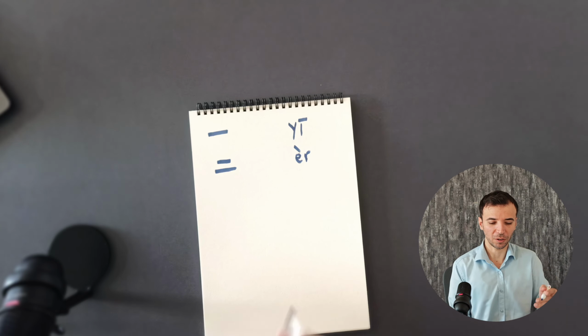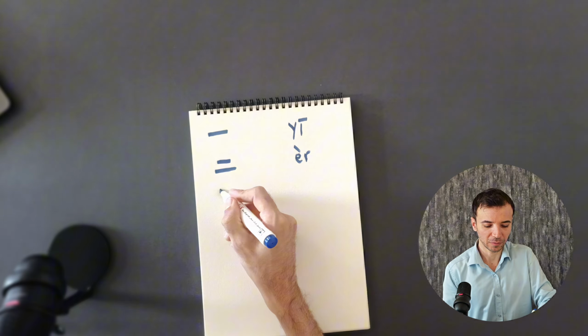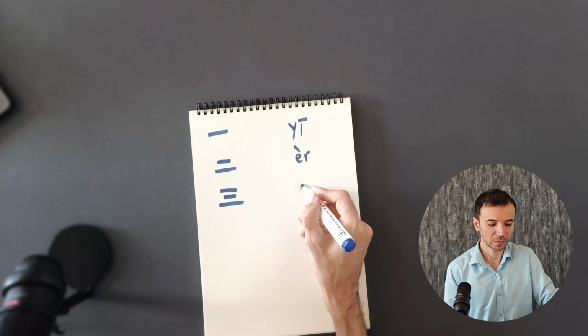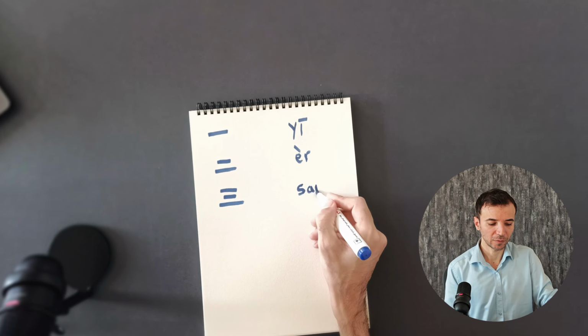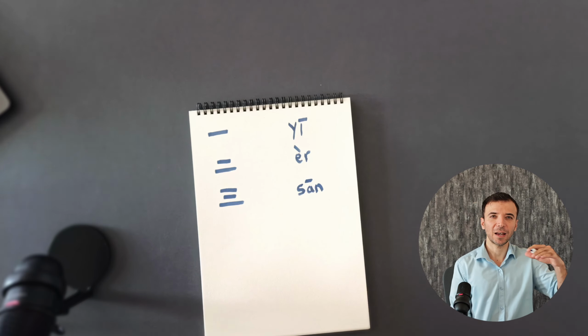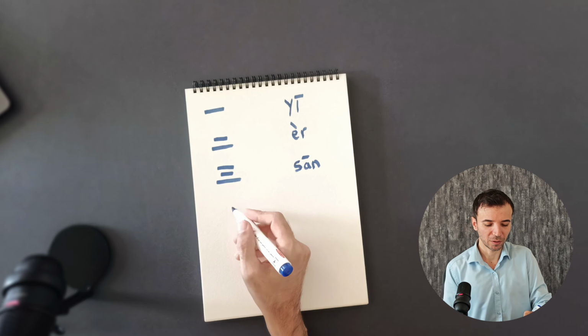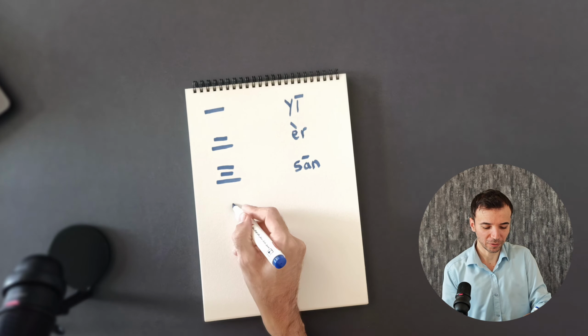R. Number 3, 3 strokes. San. And also try to read these characters.